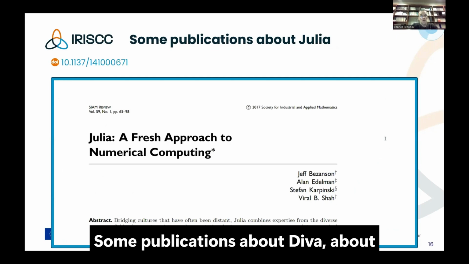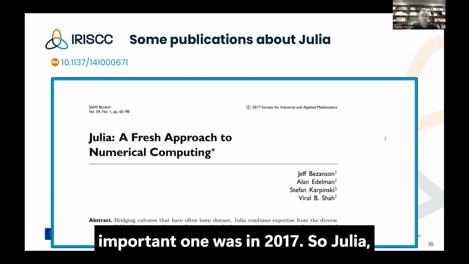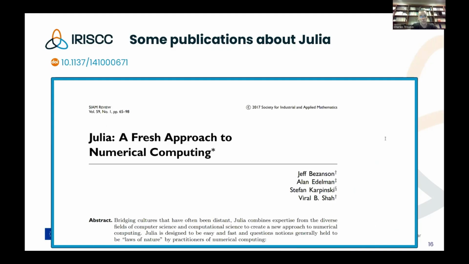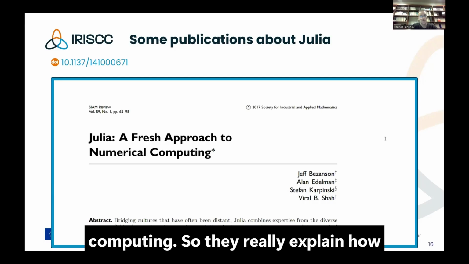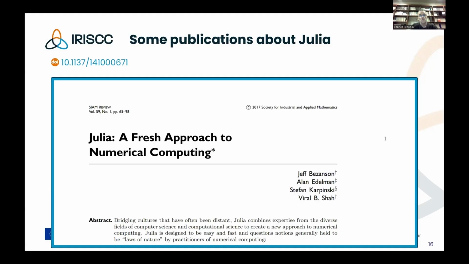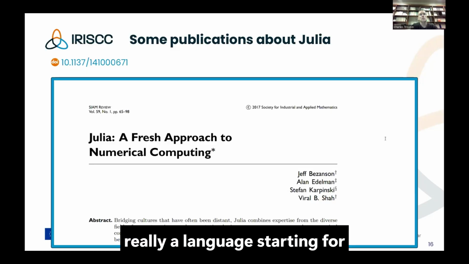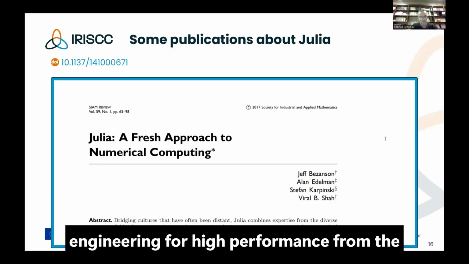Some publications about Julia. Maybe the most important one was in 2017: Julia, a fresh approach to numerical computing. They really explain how they started Julia, why they made the decisions that they made about the language, etc. So it's really a language made for engineering, for high performance from the beginning.